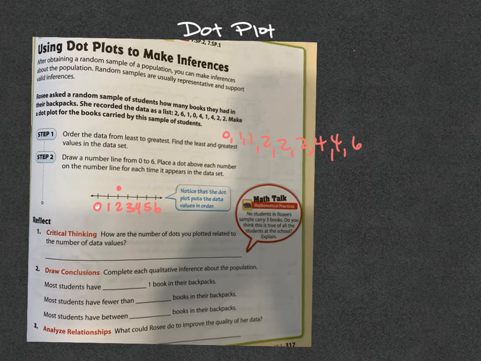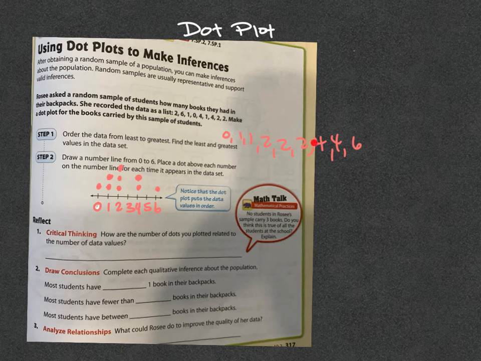I would just put a dot at 2 for the first one, then a dot at 6, then a dot at 1, then a dot at 0, another one at 4, another one at 1, another one at 4, and another one at 2, and another one at 2. And I would get 0, 2 1s, 3 2s, no 3s, 2 4s, and 1 6. You get the same thing.